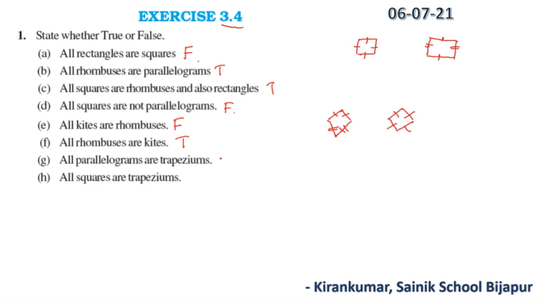This statement is a true statement because in a parallelogram, opposite sides are parallel. In a trapezium, if one pair of opposite sides is parallel, we say that it's a trapezium. So in a parallelogram, since two pairs of parallel sides are there, it's a trapezium. All squares are trapeziums. This statement is also true.